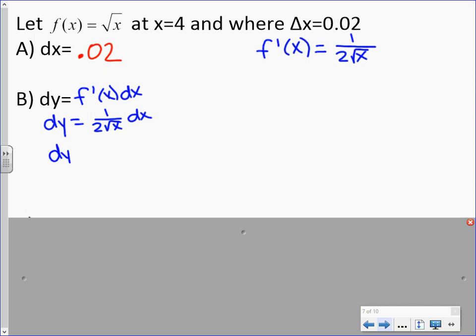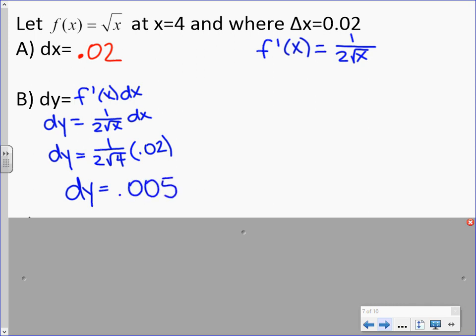So for dy, our x is 4, and our dx is 0.02. What's dy? Say it louder. 0.005.